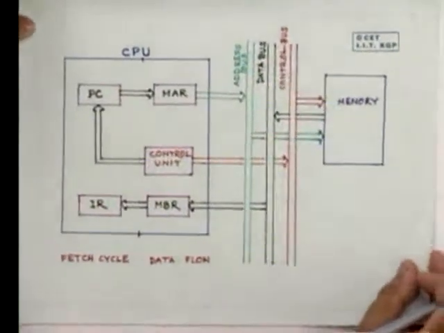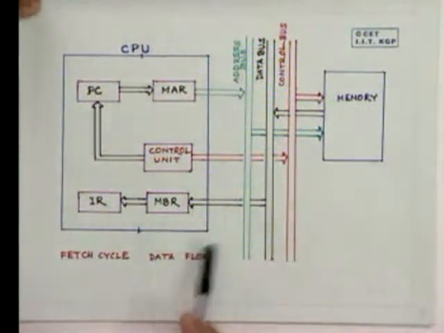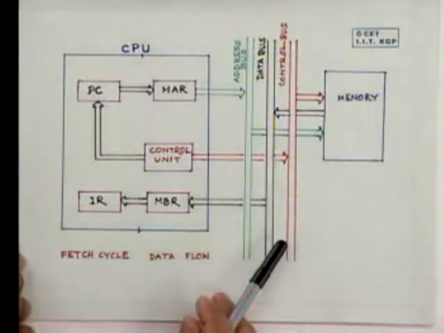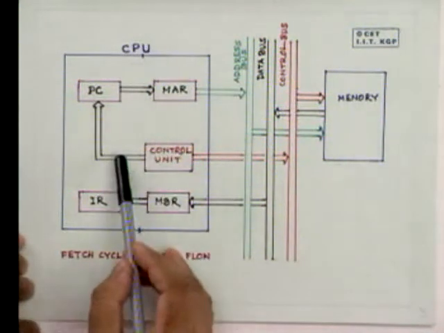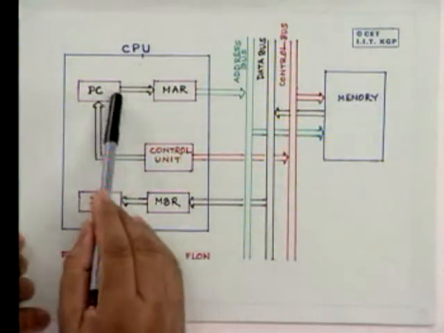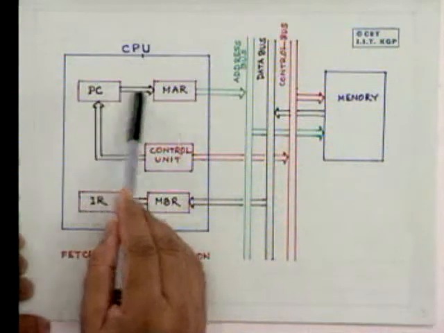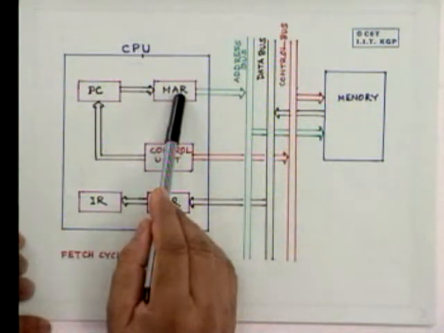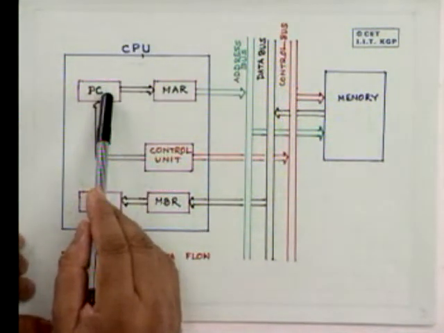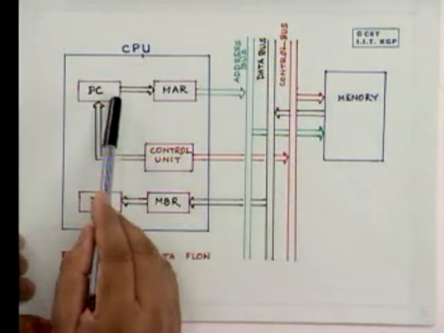Let us see first, for the fetch cycle, what kind of data flow is involved. In the fetch cycle, the content of the program counter should come to the memory address register, because the program counter points to the instruction that is going to be executed now.